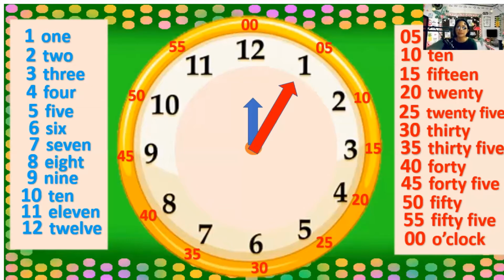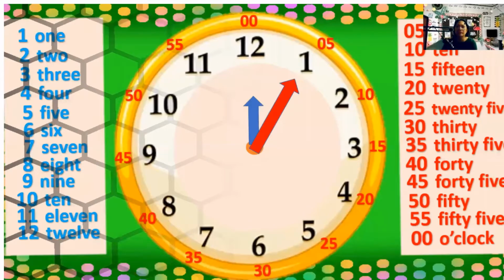So again, on your left, the blue font represents the hours, and on your right side, the red font represents the minutes, hour and minute.